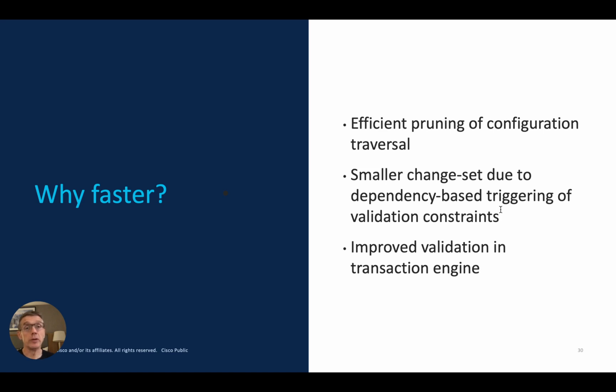We no longer always have to reevaluate must statements, and that's very important. And the third explanation is improved validation in the transaction engine, which is not part of this project, but it was included in the 6.2 release.